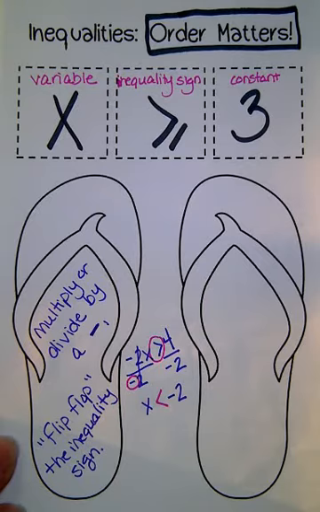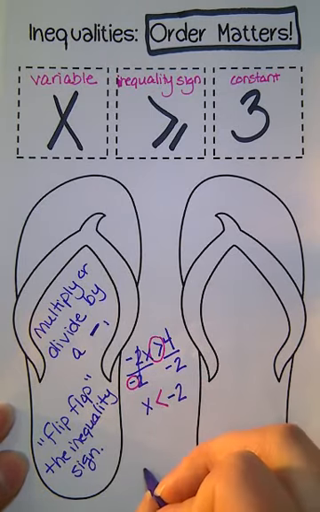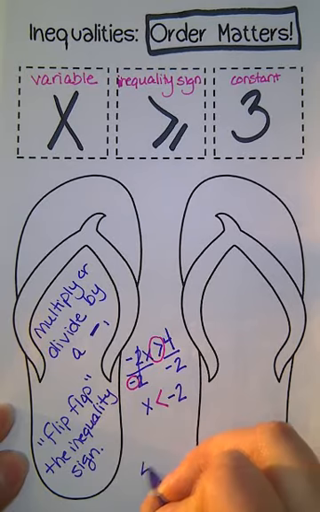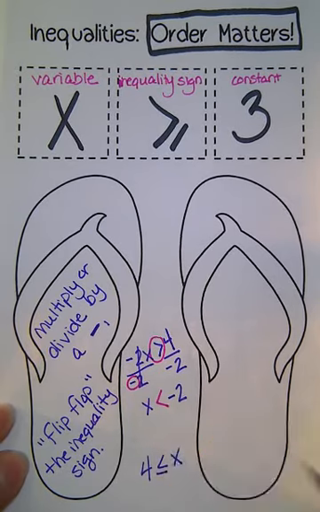The other flip-flop piece: when we end up with something that looks like this, 4 is less than or equal to x, we get really uncomfortable. We like the x on this side, so I can flip-flop this.